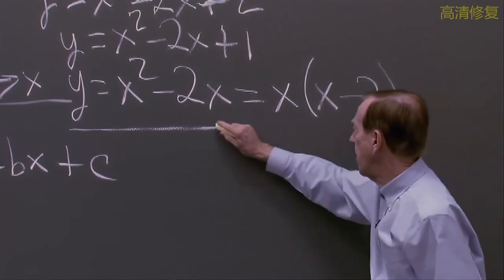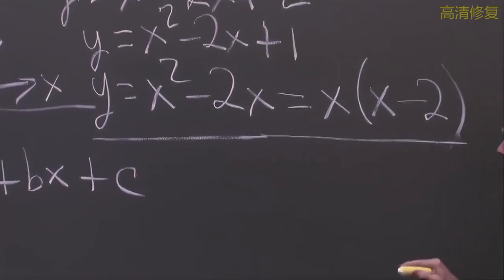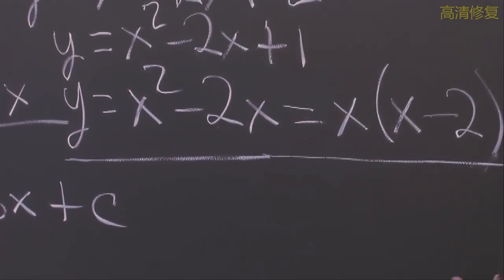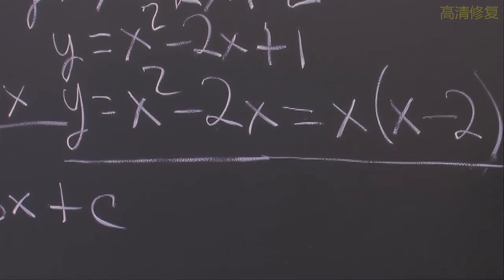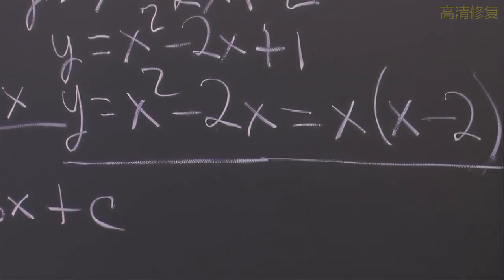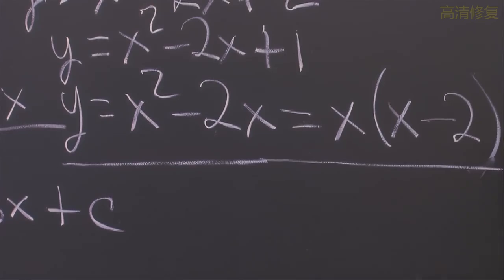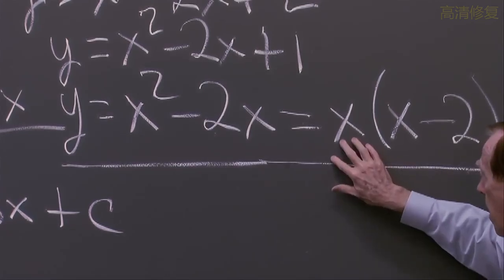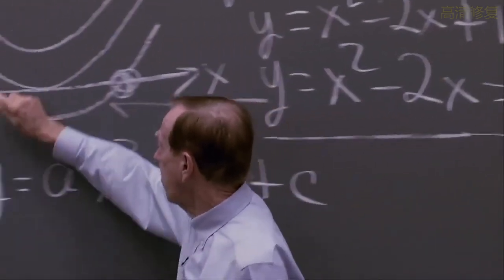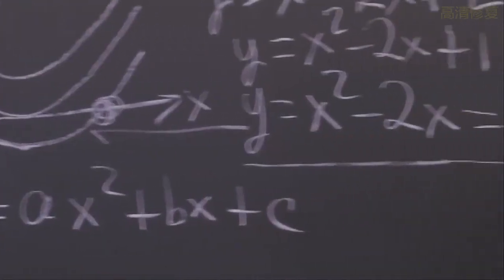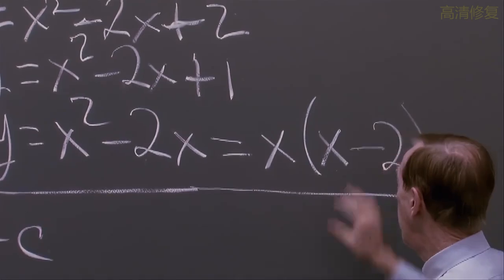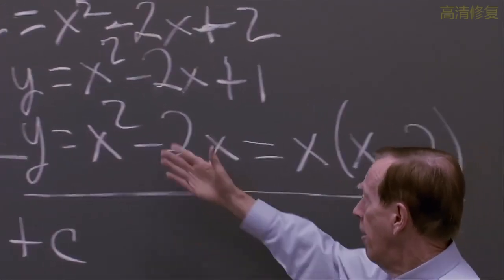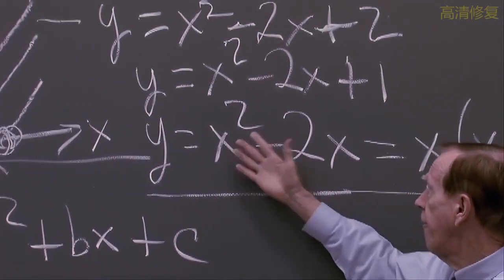Okay, and this tells me what I could probably figure out anyway, that it tells me where the zeros are. When is this 0? Well, this could be 0. That's this point. X equals 0, that's that point. Or x could be 2, and then this would go away. And if x was 2, I'd have 4 minus 4.